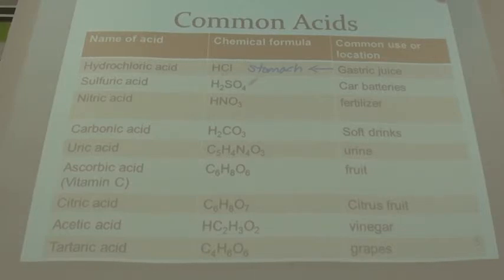Sulfuric acid has the formula H2SO4. It is found in your car battery. Anybody ever jump a car? People must be very careful when they jump a car, because if you do it incorrectly, what will happen to the battery? It does explode. And if you improperly jump your car and it explodes, guess what comes flying out?